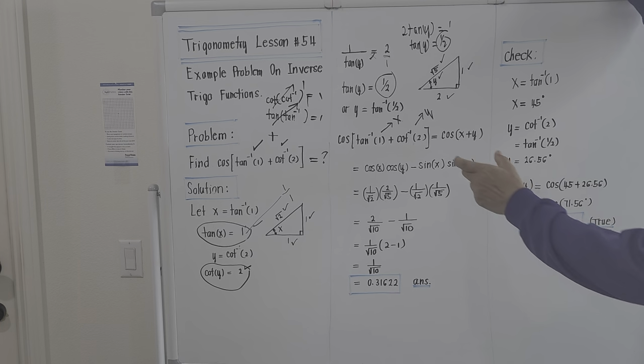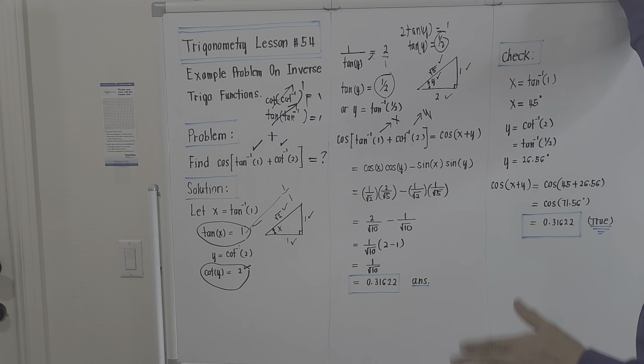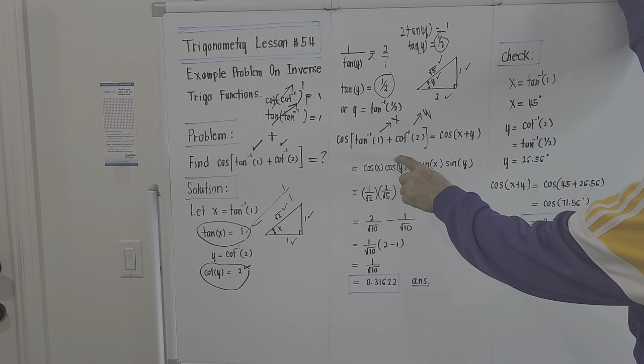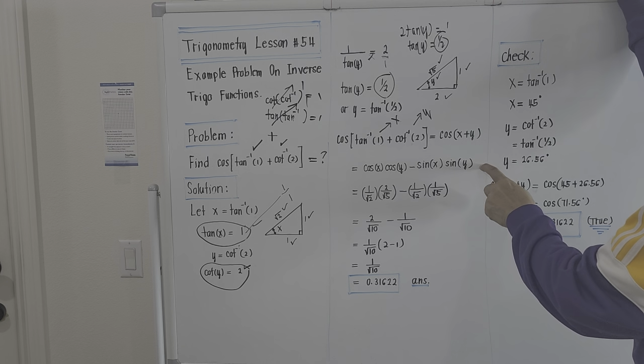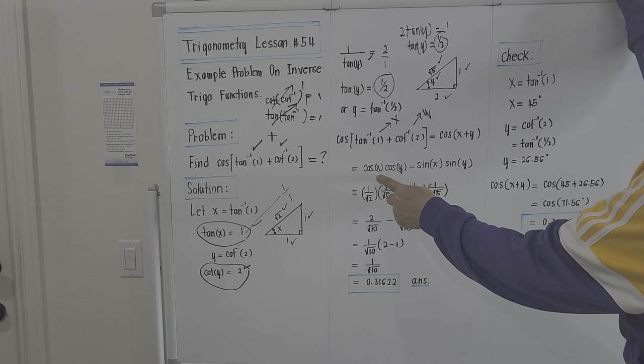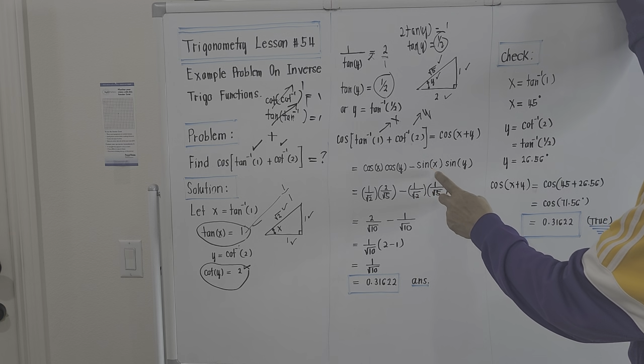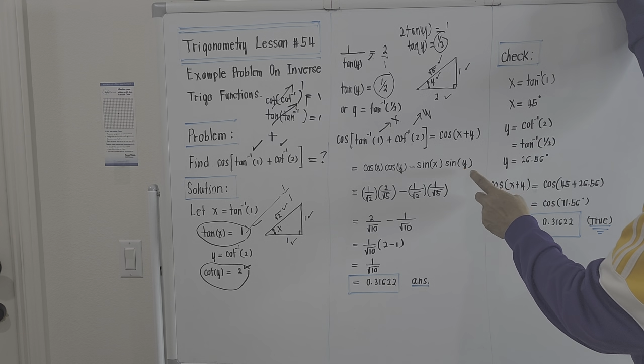If we expand this, it falls under the expansion of the cosine of the sum of two angles. That is cosine cosine, sine sine. If this is plus, this should be minus. So cosine of the first angle times cosine of the second angle, minus sine of the first angle times sine of the second angle.